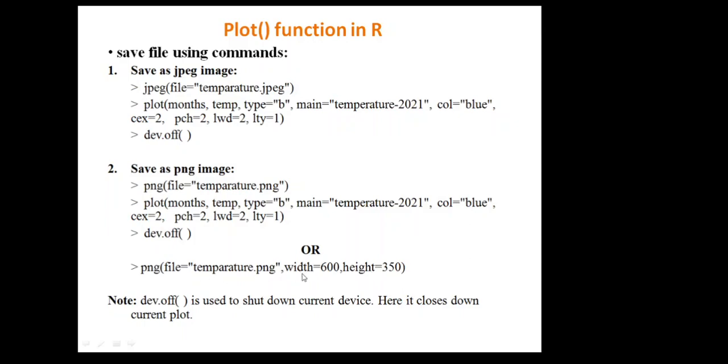If you give width equals 600 and height equals 350, then it will resize your image according to the width and height specified in the command. You can use the width and height parameters with JPG also, and with BMP also.